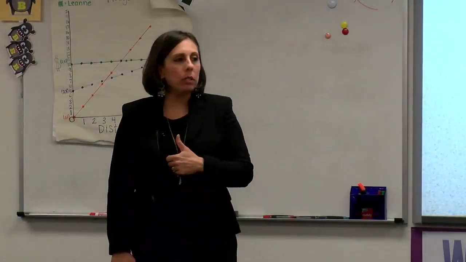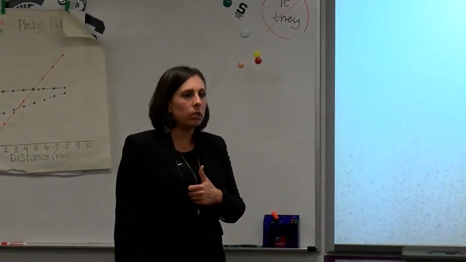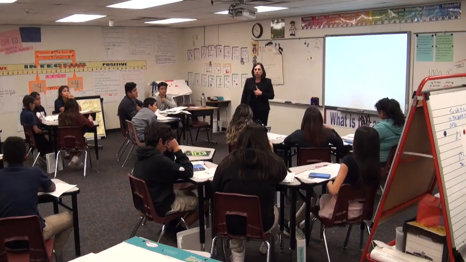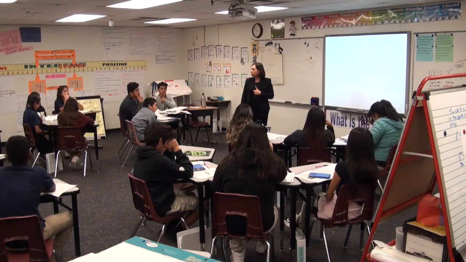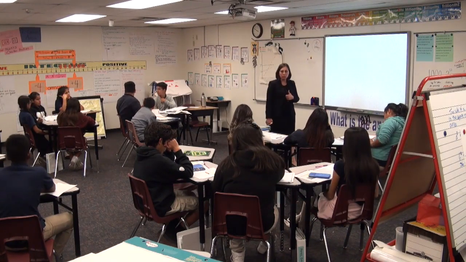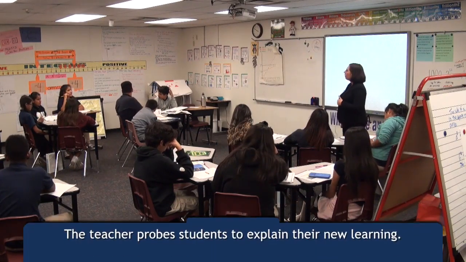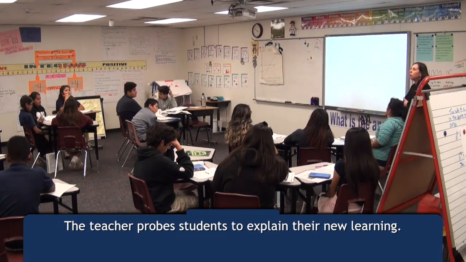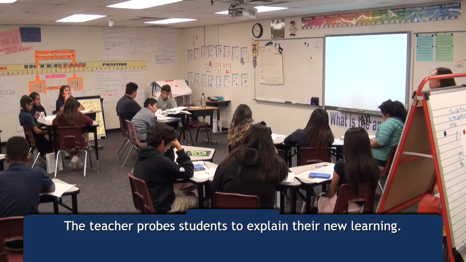If the plant tripled every month, how would it change this equation? Rosa, how would it change the equation? Okay, what number would change?